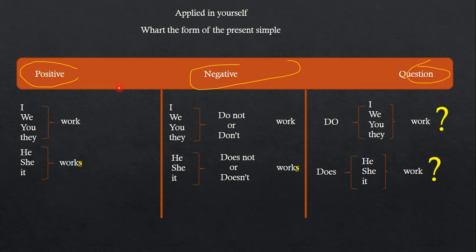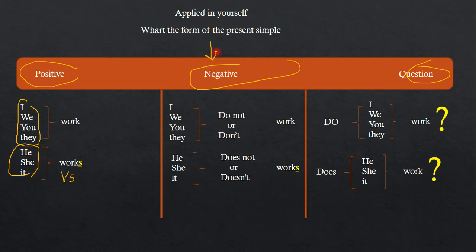When we use the positive, normally the subject I, we, you, they is given the base verb. I work, we work, you work, they work. Or she, he, it, also given the verb with s.